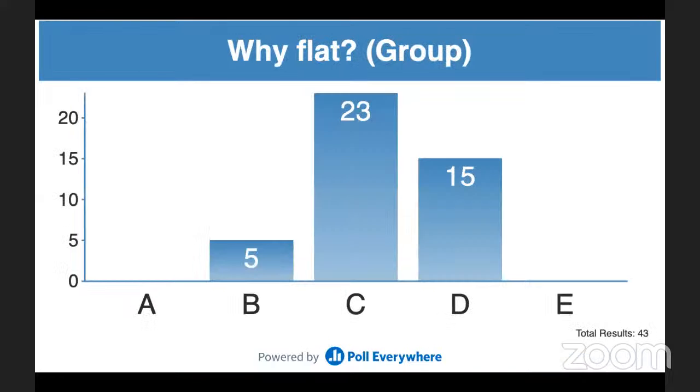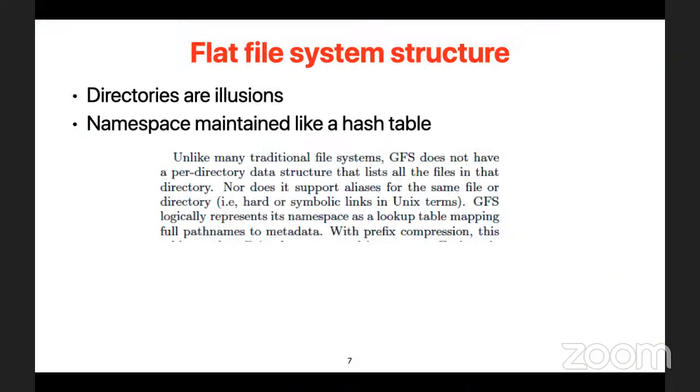Do you remember that? Yes. You guys remember that? It's here, right? So directories are illusion. It's a lookup table mapping the full path names, including your file name, to metadata. Do you remember that we were asking you how many times you have to go through the disk to retrieve a file? Remember that?